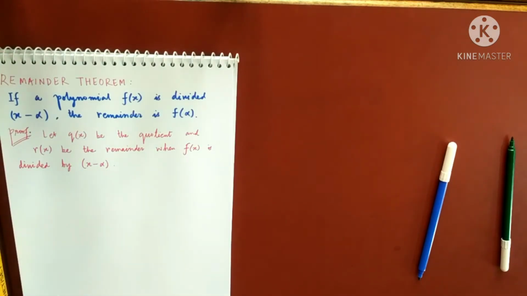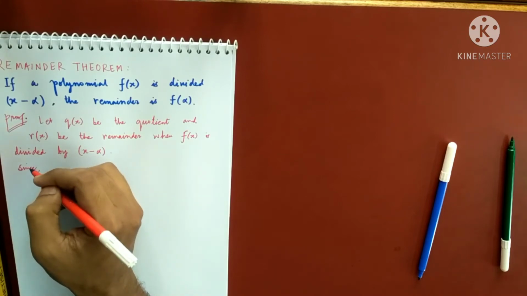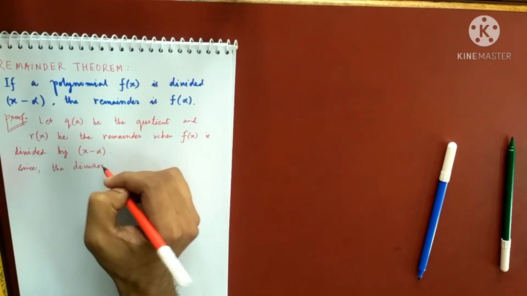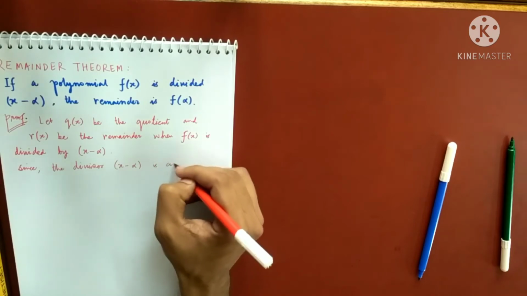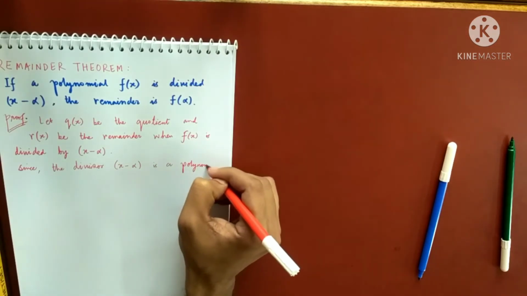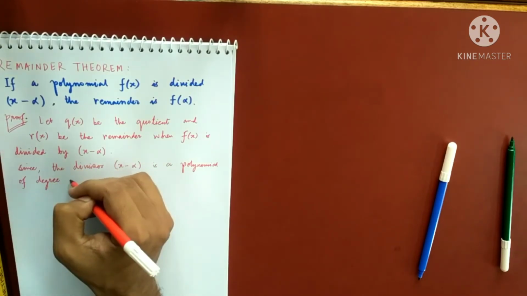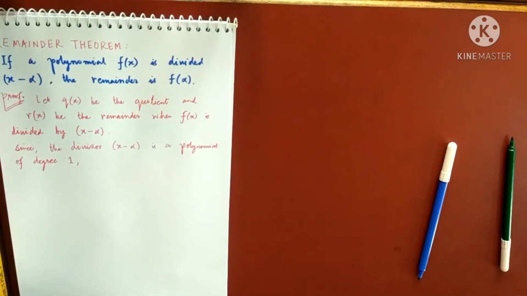Now, in the last class, since the divisor x minus alpha is a polynomial of degree 1, what can I say about the remainder?